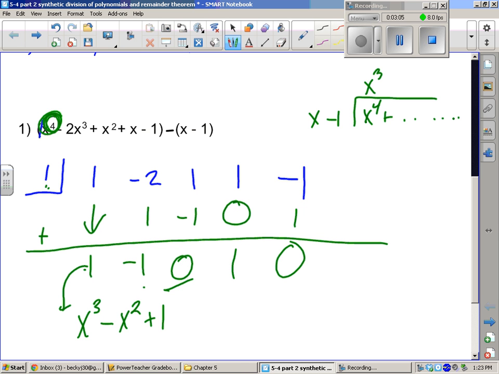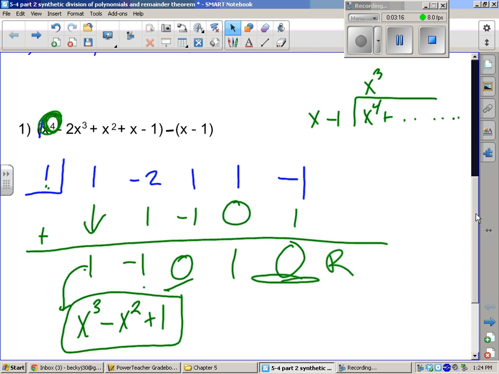So I skipped the x because it was a 0. And then the last number is our remainder, so because it's 0, we don't have to put anything down. So when you divide, you're going to end up with that. Not squares, but the actual answer.